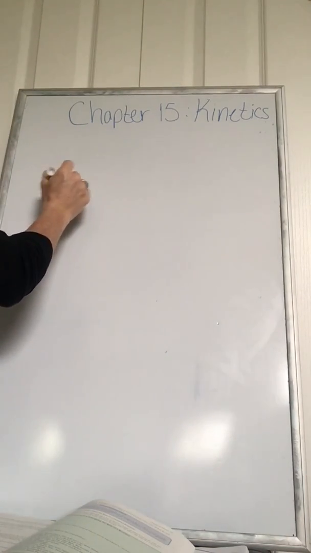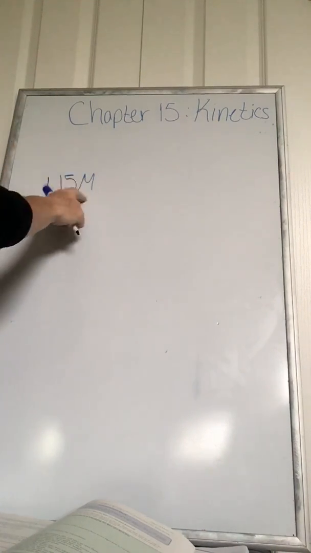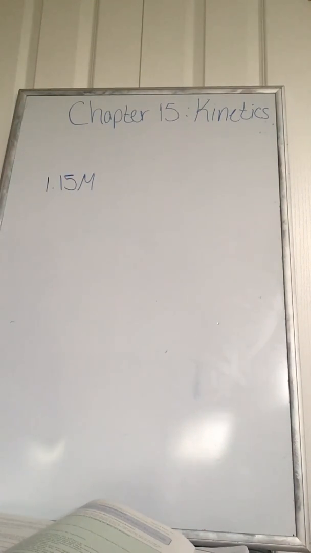we are asked, okay, so in a study of kinetics, the concentration of one substance is measured to be 1.15 molar. Now, the concentration is always given in molarity in chemistry. So when you're talking about concentration for any of these, remember that our measurement for concentration in these is going to be molarity.